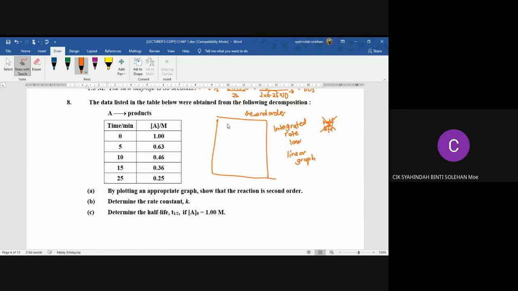Kena dapat linear graph and then your y-axis, okay, your y-axis mestilah 1 over concentration of A. So bila 1 over concentration of A, that means you punya unit tu akan jadi per molar. Okay. Versuskan dengan time. Time t kecil tau, bukan time T besar. Kalau T besar itu adalah temperature. Kalau t kecil itu adalah time.